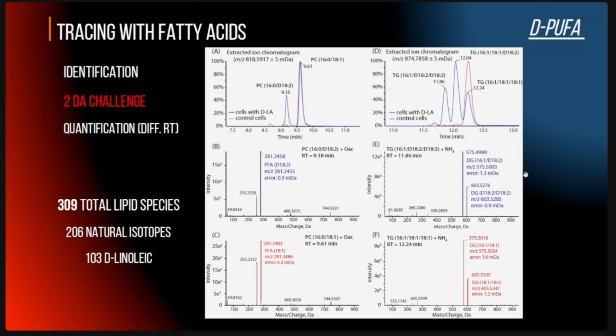And so in this study, we identified and quantified 309 total lipid species. 206 of those were composed of natural isotopes, and then half of that, 103 molecules, contain at least 1 chain of D-linoleic acid.